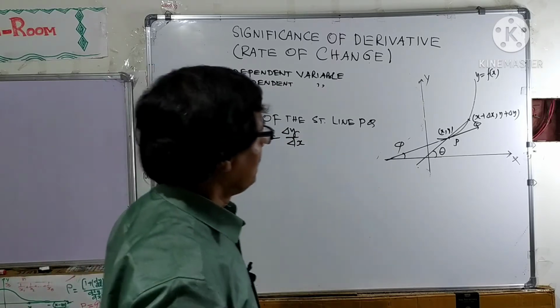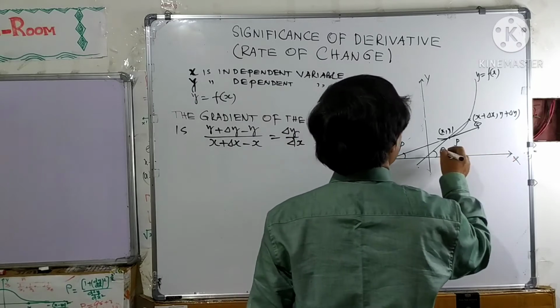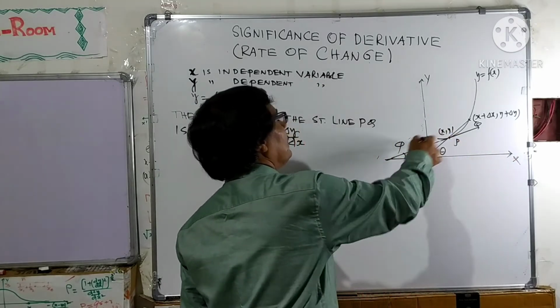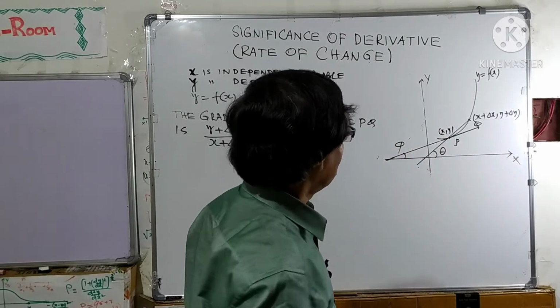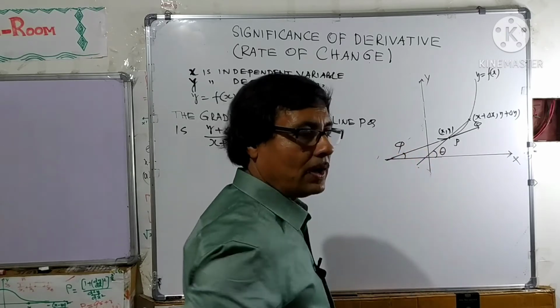We have also taken the inclination of the straight line PQ with the x axis as theta, and the inclination of the tangent at P with the x axis as phi.